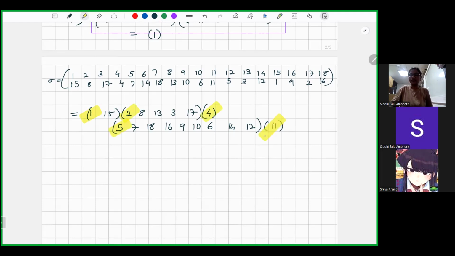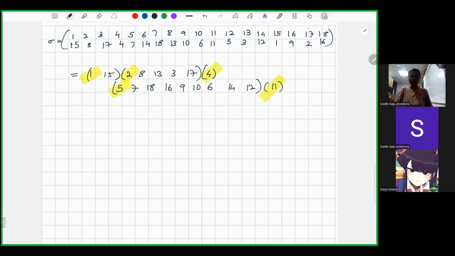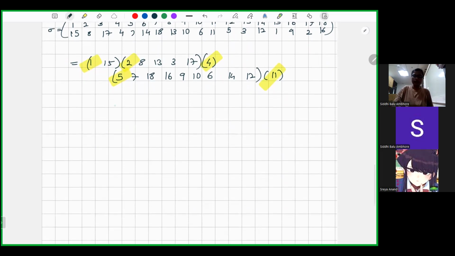And 4 going to 4 is one cycle, if you want to call it. Because for cycle A, B, C, D, it's A going to B going to C, C going to D. I can write this also like this, right? Because anyway, it is A going to B going to C going to D. So there are many ways to represent a single cycle in a permutation.